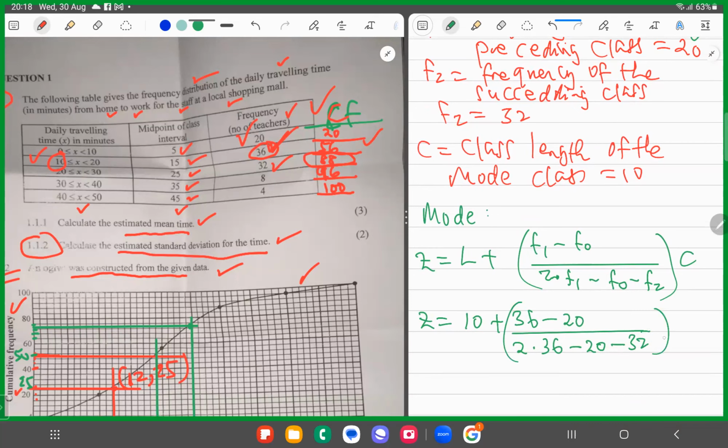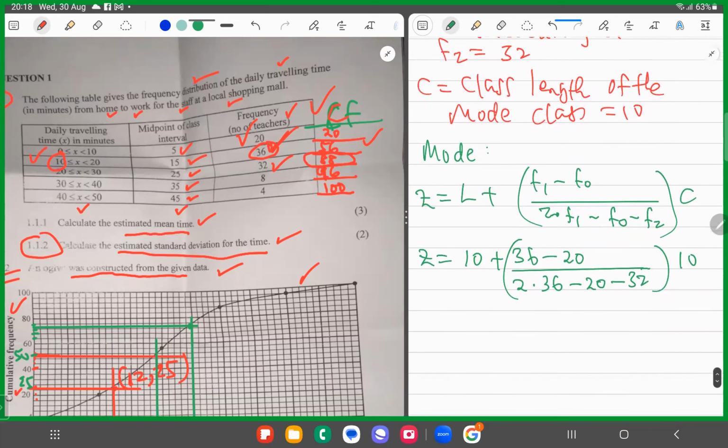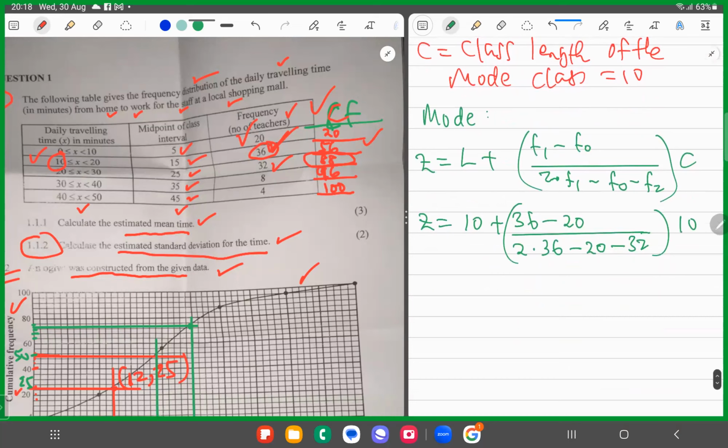You multiply these by the class width or the class length.